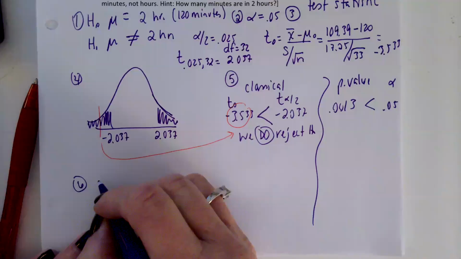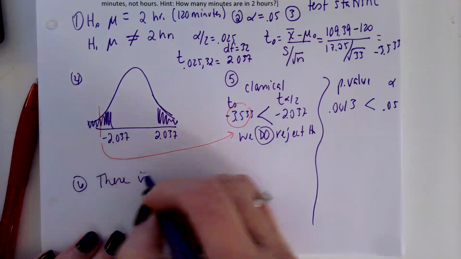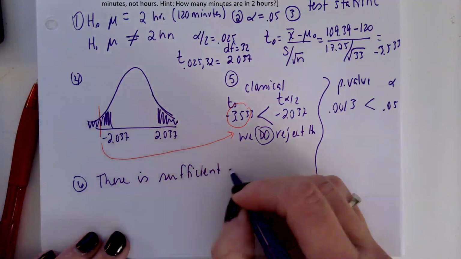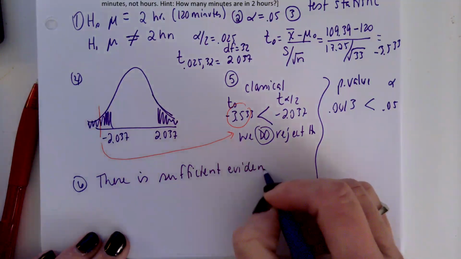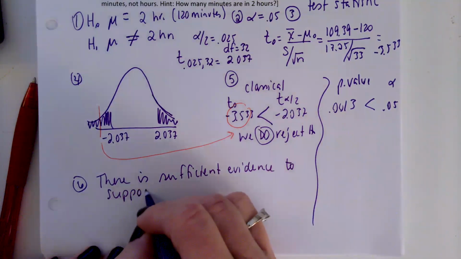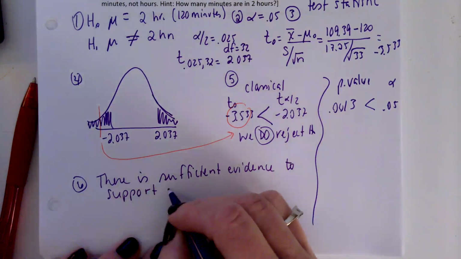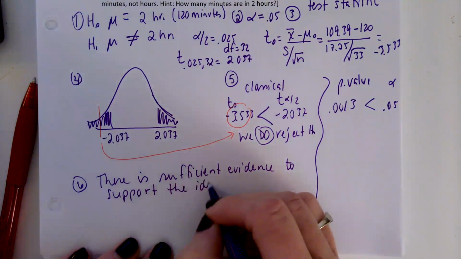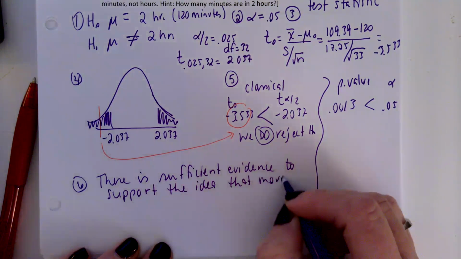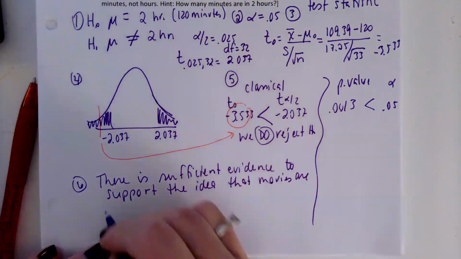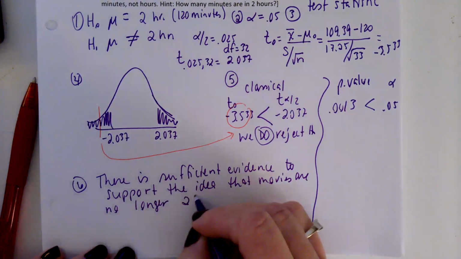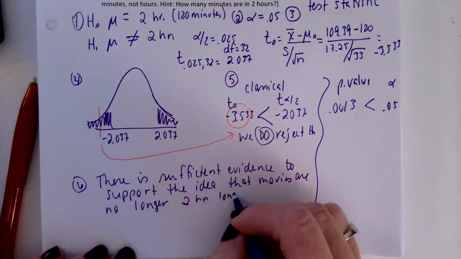So our conclusion is there is sufficient evidence to support the idea that movies are no longer 2 hours long.